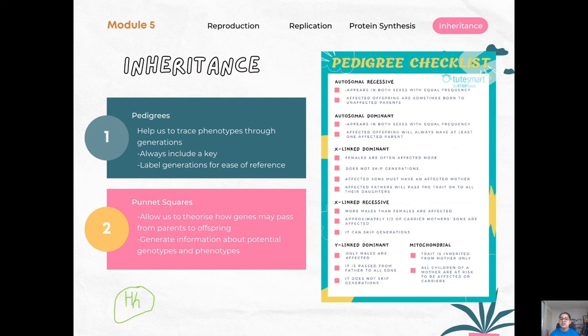So one of the main ways to tell if it is X-linked dominant is if it is going from an affected mother to an affected son. And if a father is affected, he will pass the trait on to all of his daughters.